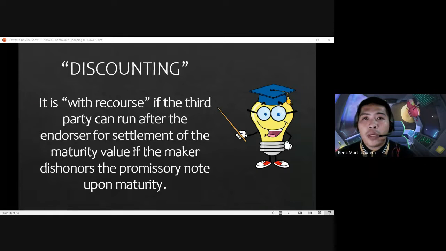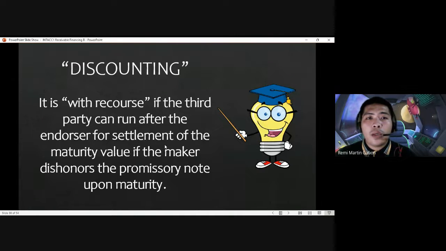If the promissory note was dishonored by the maker, when we say dishonored, the maker denied payment or did not pay upon maturity of the promissory note. So what the third party will do is run after the immediate endorser, which is the payee.